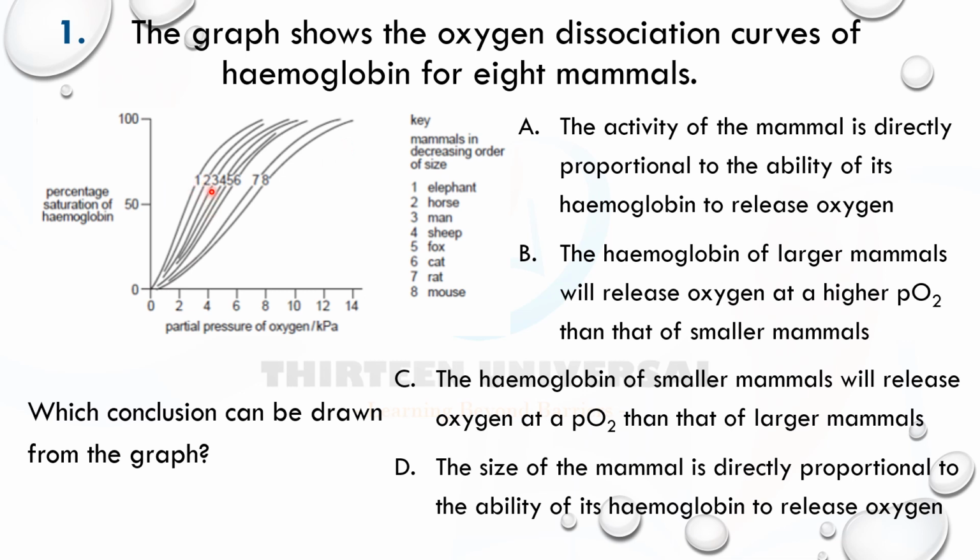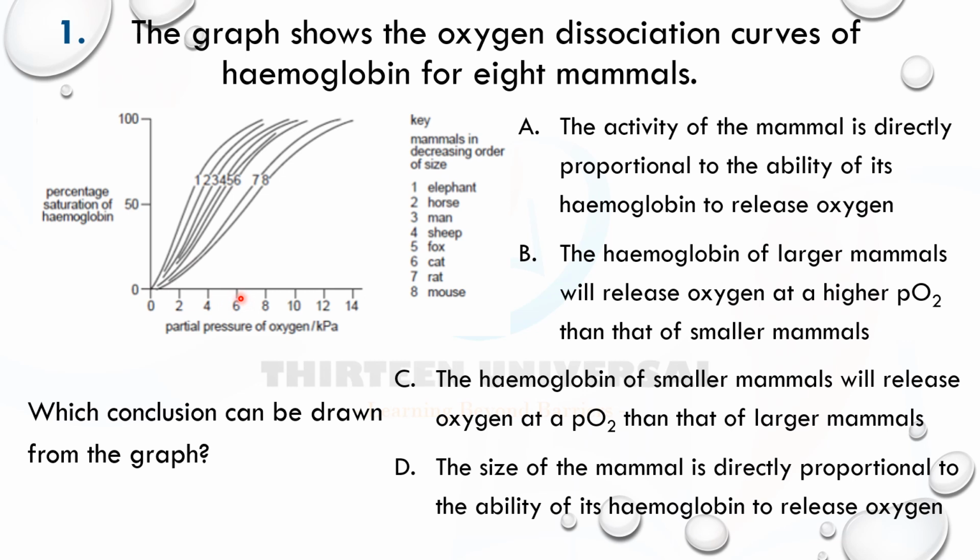Now, I want you to note something. The one with the highest affinity for oxygen will have the highest percentage saturation of hemoglobin at lower pressure.